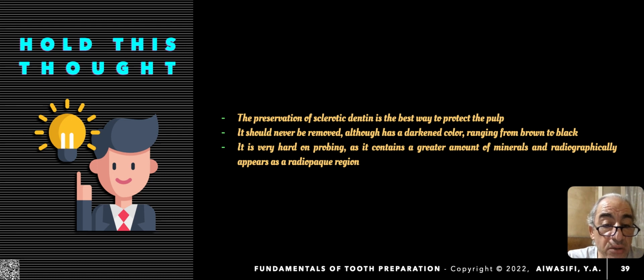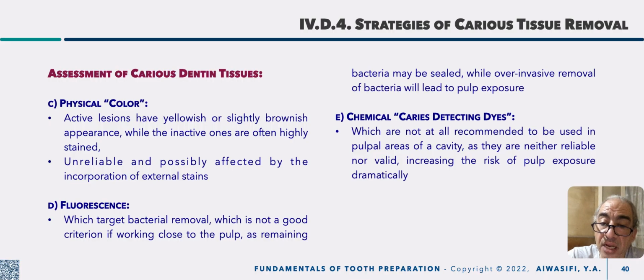Ranging from brown to black, but it shouldn't be removed. It is very hard in probing, as it contains a greater amount of mineral, and radiographically it appears white, which is radiopaque, on the radiograph.